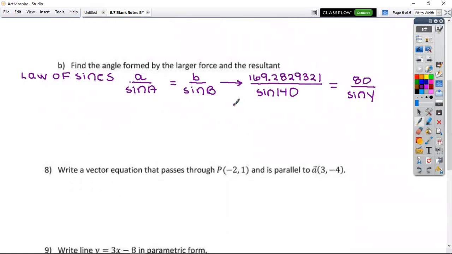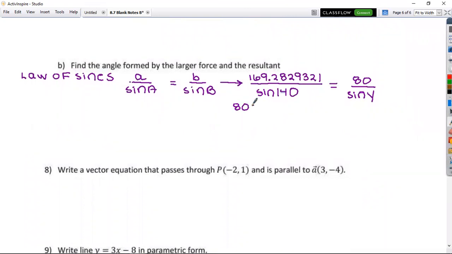So I have 80 sine of 140 equal to 169.2829321 sine y.